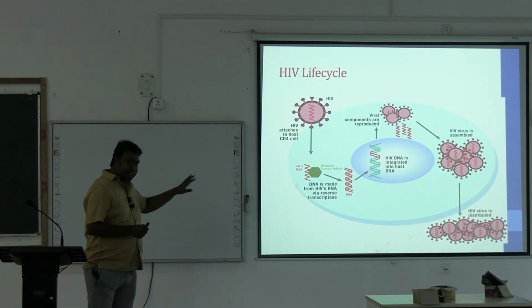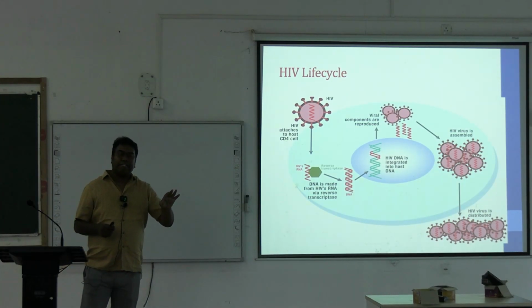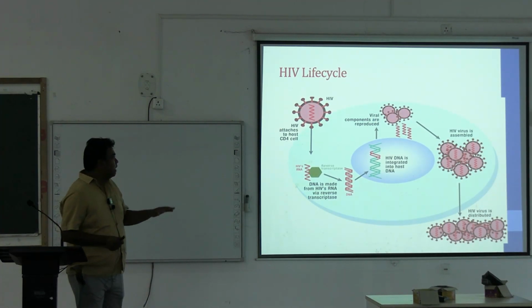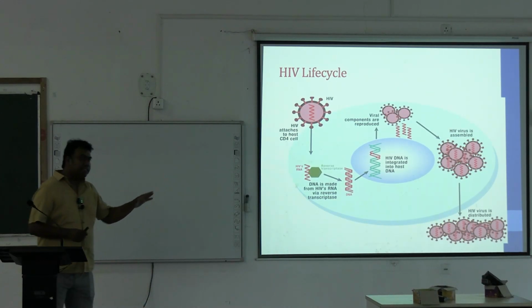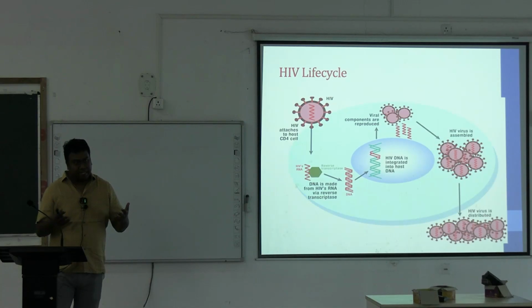They first attach to the CD4 cell. There are CD8, CD4 and T helper cells; primarily they bind with the CD4. After binding with the CD4, by uncoating they release their RNA.